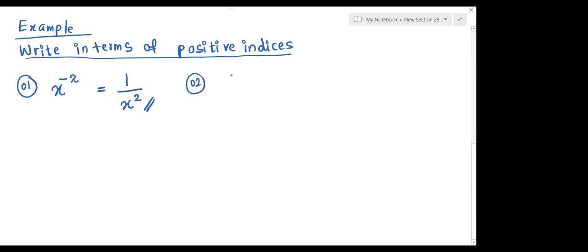y to the power of minus 5. Then what is the answer? 1 over y to the power 5. Very good. Third one. It is 1 upon x to the power of minus 3.